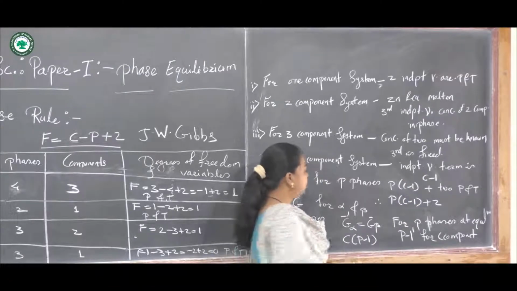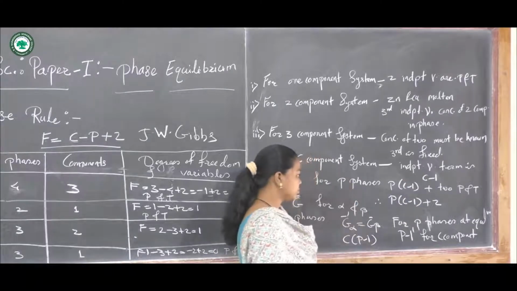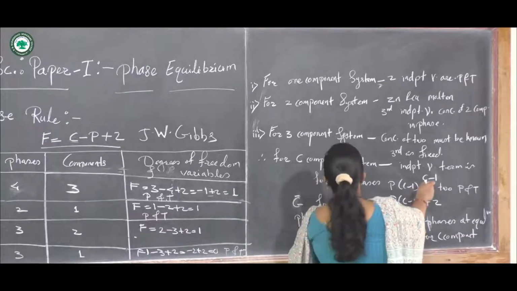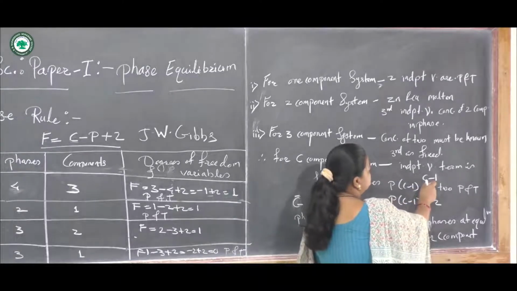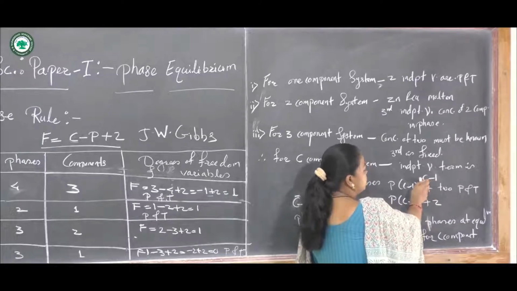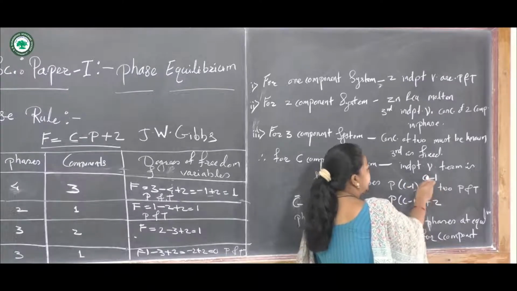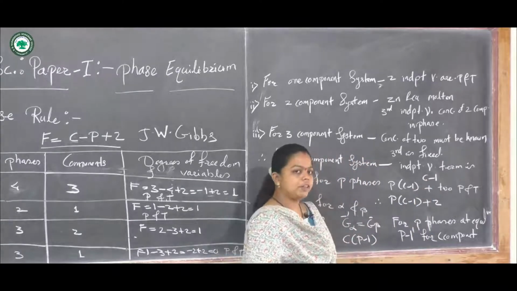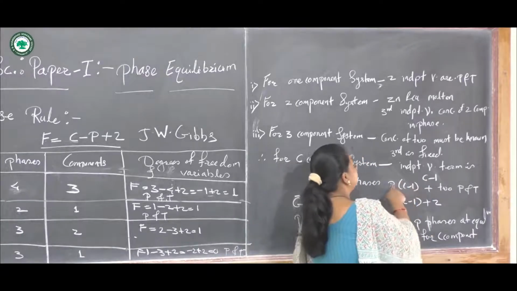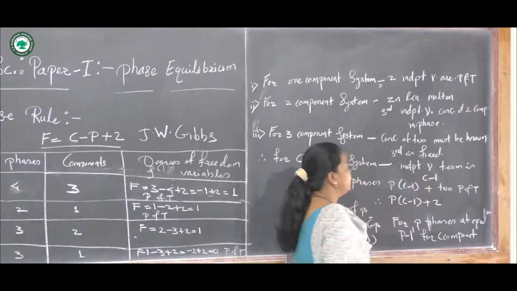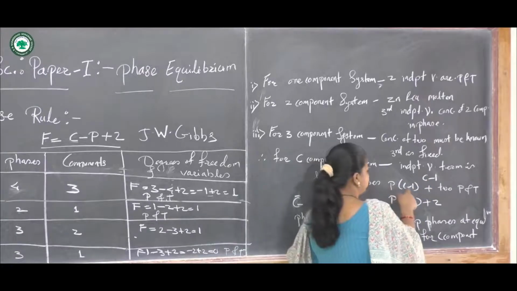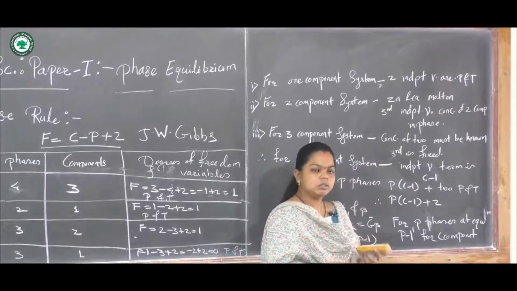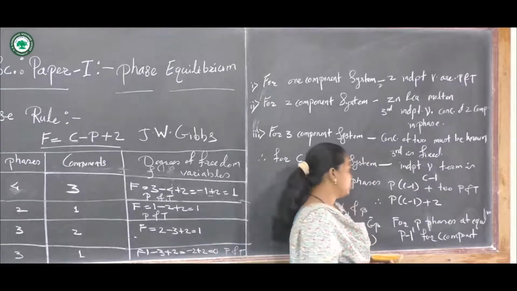Now for P phases, for the C component system, the independent variables are C minus 1, and for the P phases this becomes P into C minus 1, plus two variables are also given, pressure and temperature.